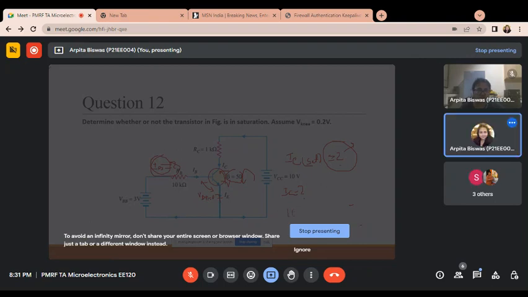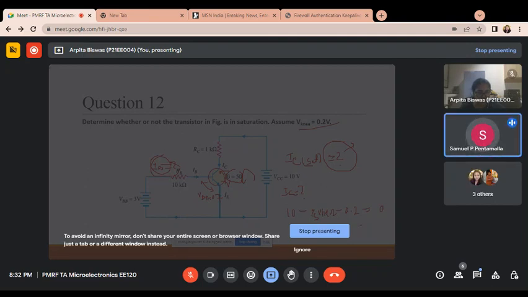Just take 10 minus I saturation into 1 kilo ohm, minus 0.2 equal to 0. Here the knee voltage is given, so this is 1 kilo ohm and this is I saturation.